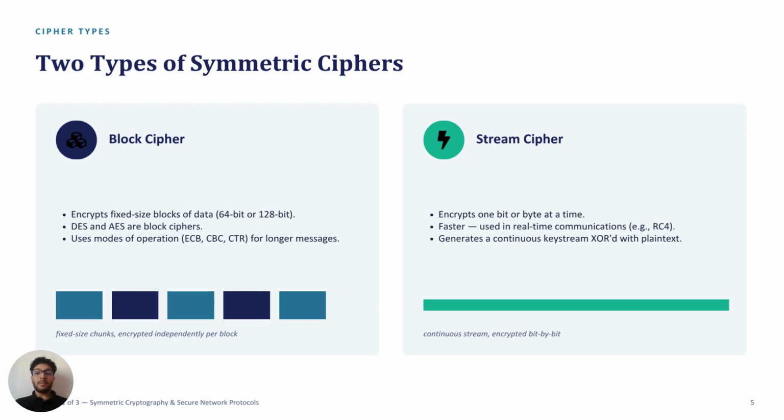A stream cipher, by contrast, encrypts one bit or byte at a time, producing a key stream that is XORed with the plaintext continuously. Stream ciphers can be faster for real-time applications like audio streams. This course focuses on block ciphers, specifically DES and AES, because they form the backbone of network security protocols.